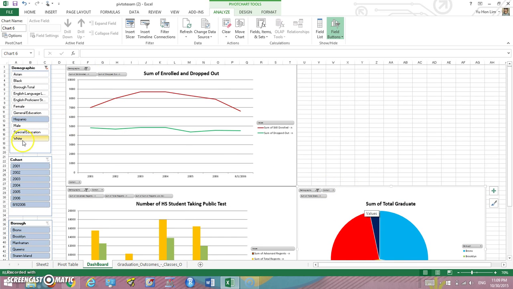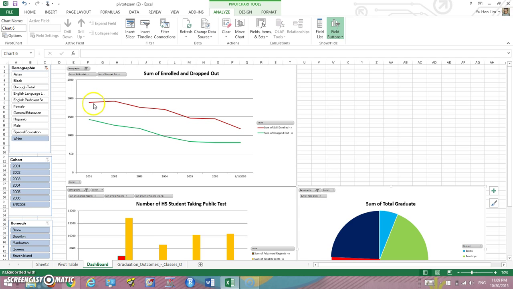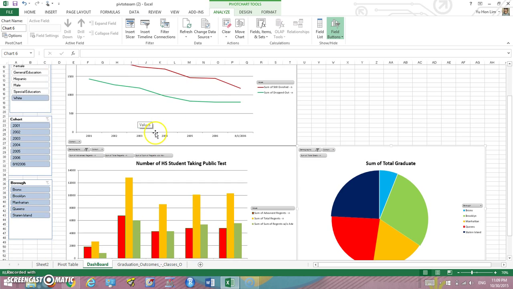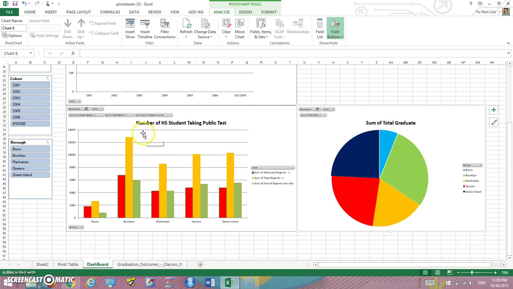And now let's look at the white American students. It is almost a 2 to 1 ratio of dropout: two students enroll, one of them drops out.